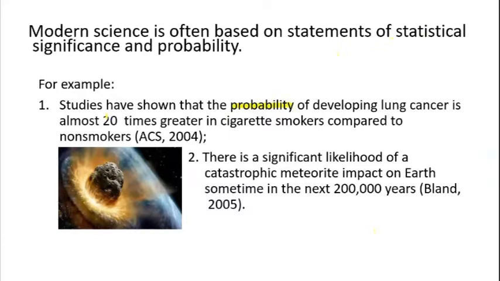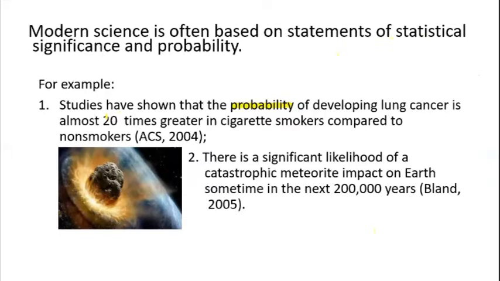There is a 20 times greater probability of cigarette smokers developing lung cancer compared to non-smokers. So there's a possibility, or the probability. It doesn't mean that if you smoke, you will develop lung cancer.